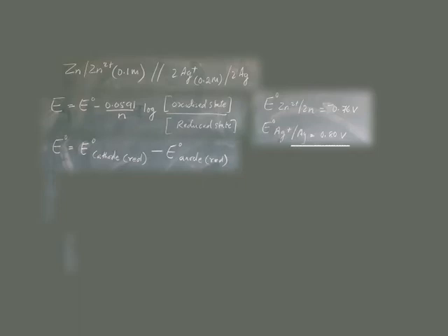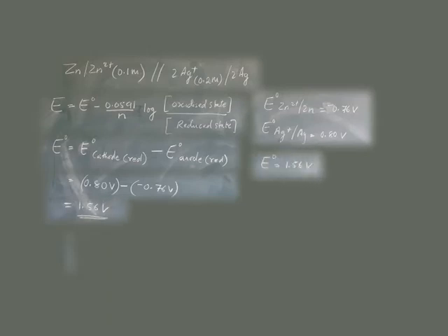So cathode is silver, which is 0.80 volt minus negative 0.76 volt. So E naught we get as 1.56 volt. This is the standard EMF of this cell.